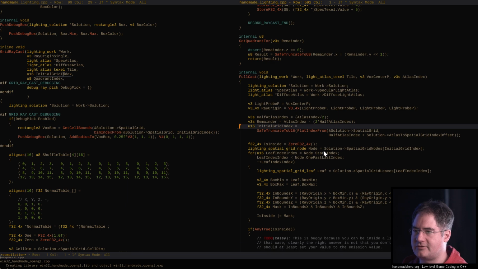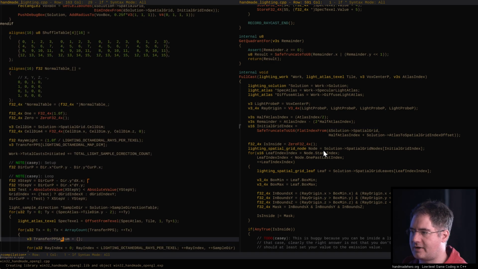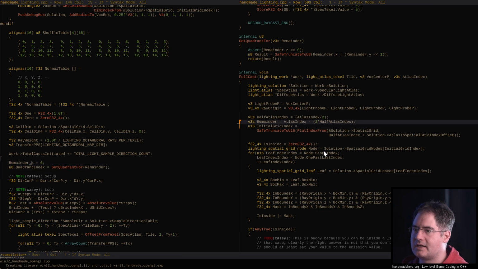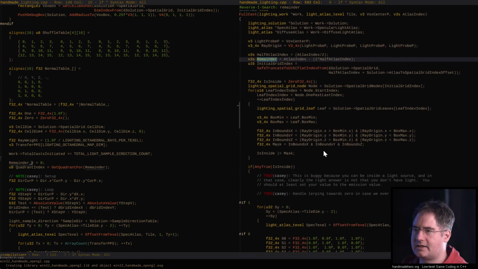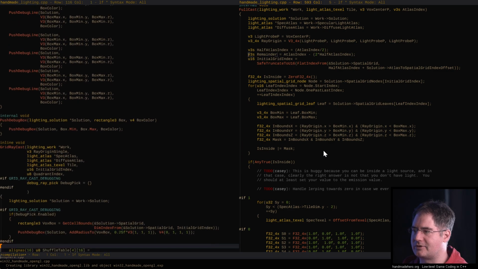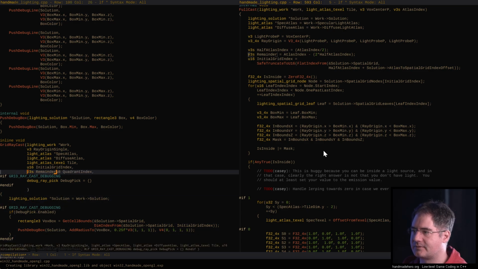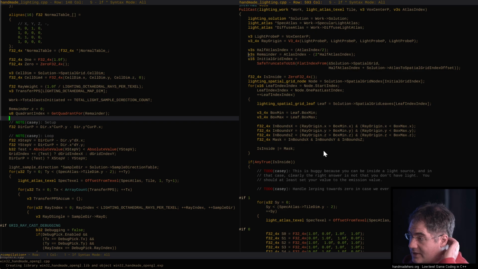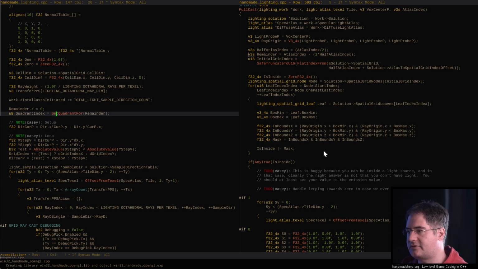So if we take remainder z and the quadrant index and drop those in here, and remainder, which is atlas index minus 2 half atlas index, that nonsense. If we start passing a remainder down, that's the simplest first step I can take. That's all I'm looking for here. So we pass remainder down, and now we have the information we need to do our stepping without changing anything. So that's good.